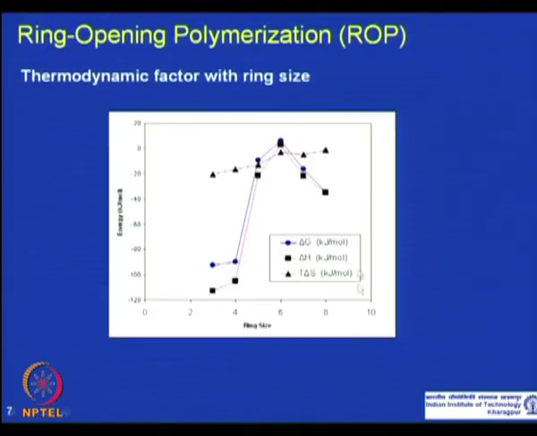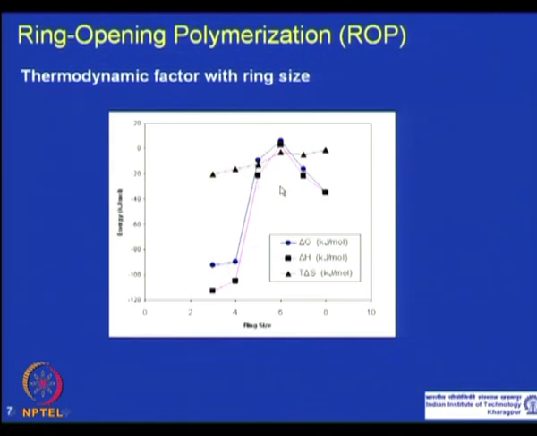If you see, as your ring size increases, your del S value is becoming less and less negative. But if you follow the del G value, the free energy value, and the del H value, they have almost the same trend.